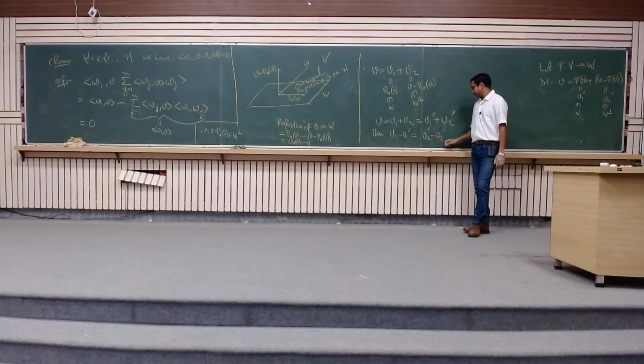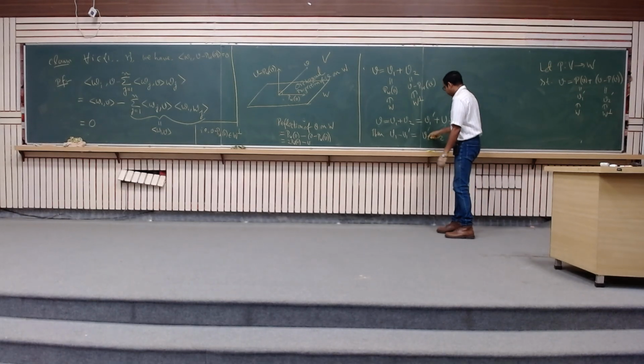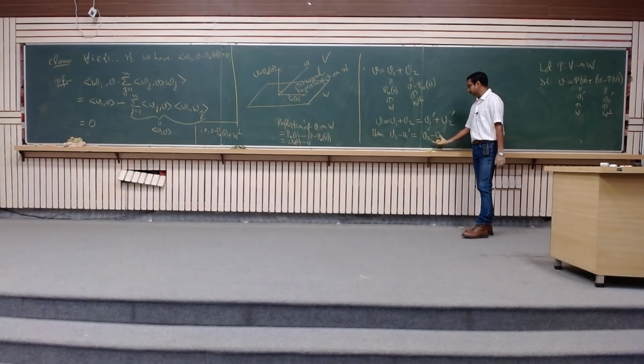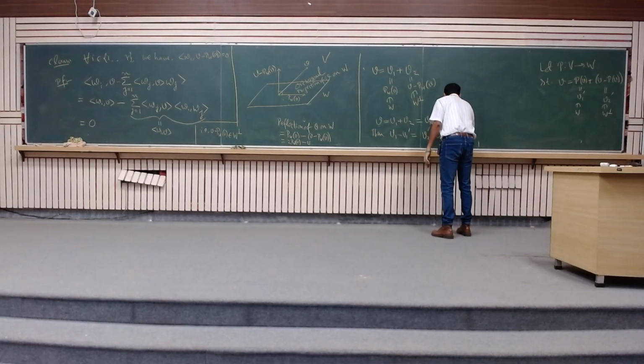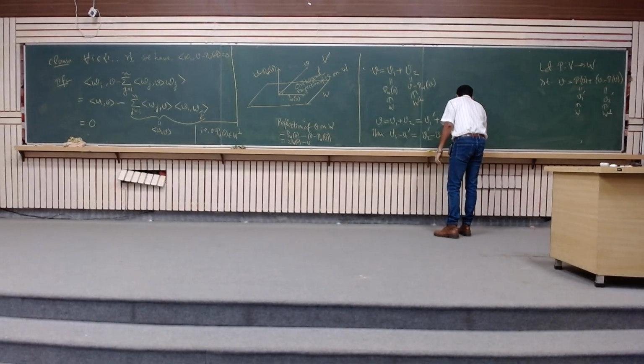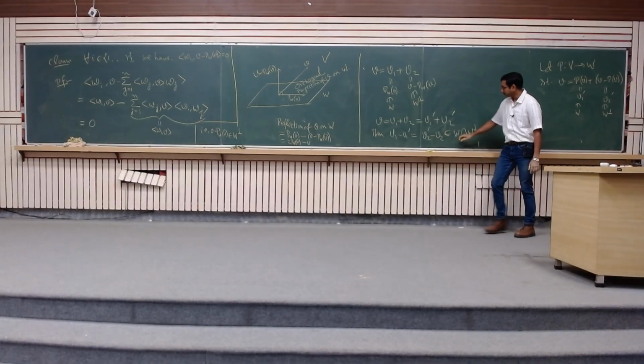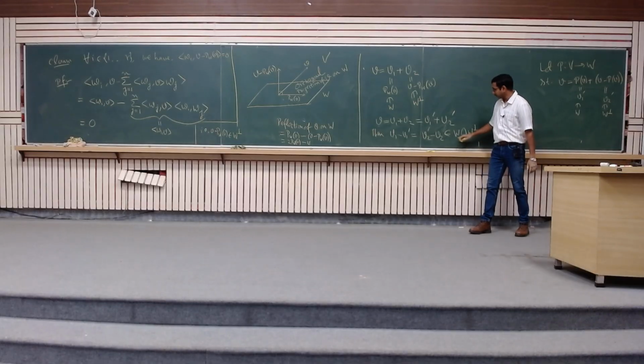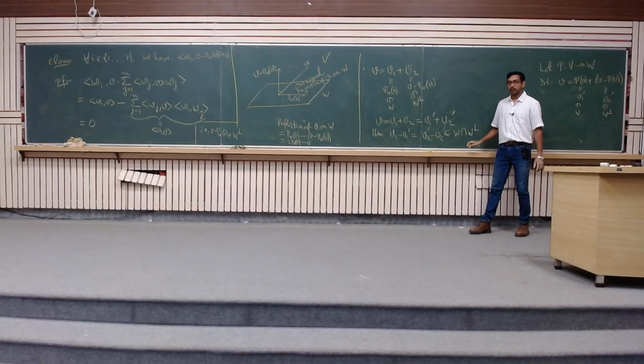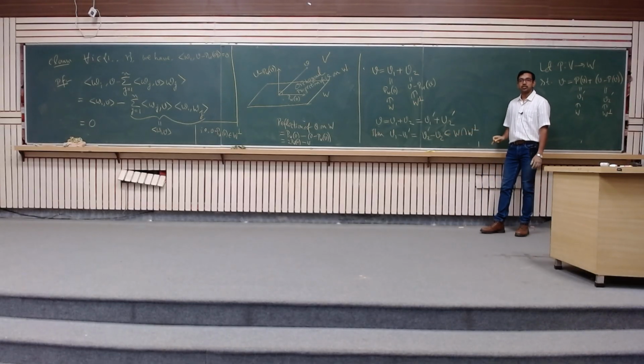Here you must note one small thing, that W perp is also a subspace. Given W, W perp is a subspace, so it is closed under addition and inverses. And this one is then in W intersection W perp, because this was in W and this was in W perp. So it lies in the intersection of them.